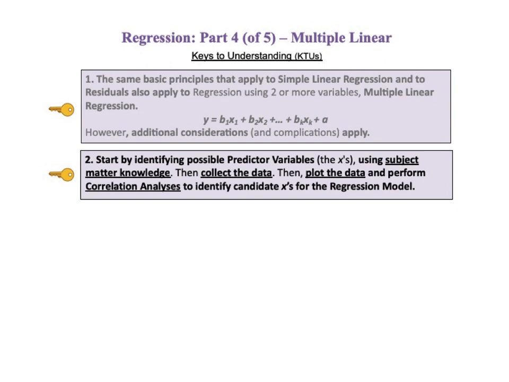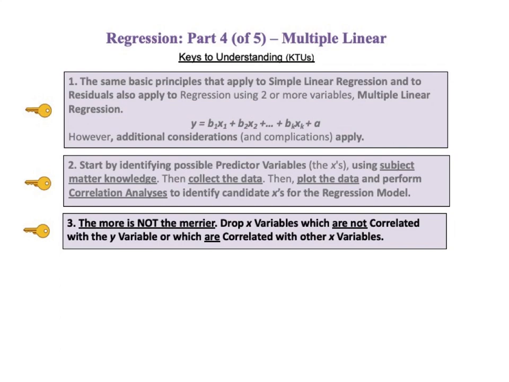The second KTU states, start by identifying possible predictor variables, that is the x's, using subject matter knowledge. Then collect the data, then plot the data, and perform correlation analyses to identify candidate x's for the regression model. The third key says, the more is not the merrier. Drop x variables which are not correlated with the y variable or which are correlated with other x variables.